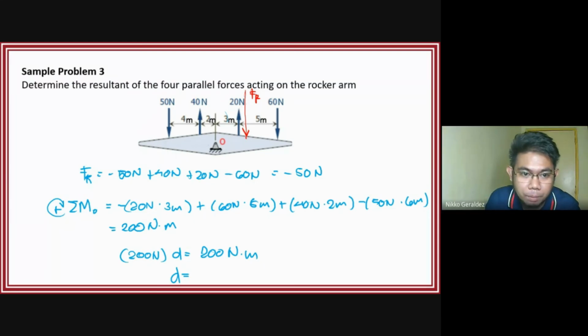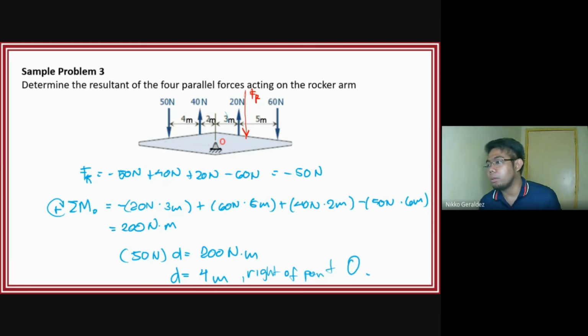Resultant force pala natin 50, sorry. 50 newtons. No, what is D? So that is equal to 4 meters. No? So, ayan. So 4 meters right of point O. So yun. Very good, no?